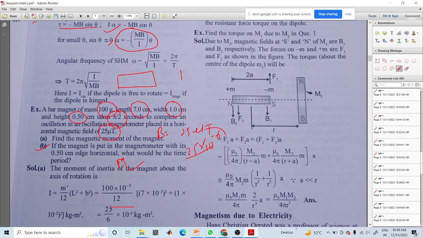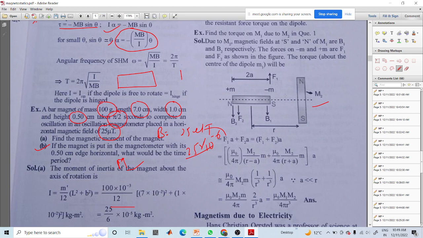Look at here. It is a very interesting question. Find the torque on m1 due to m2. It is m2, right, and it is m1. I will solve this on the whiteboard, but look at the picture. Find the torque on m1 due to m2.